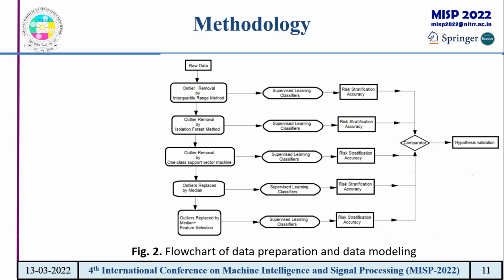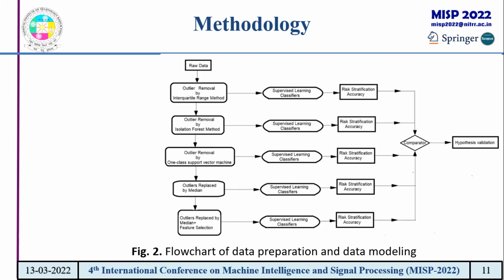Similarly, we did it for one-class support vector machine. We know that it is an efficient unsupervised machine learning algorithm, which treats the whole data set as a single class, doesn't rely on the target, and learns a decision boundary from the data, and the points outside the boundary are detected as outliers.